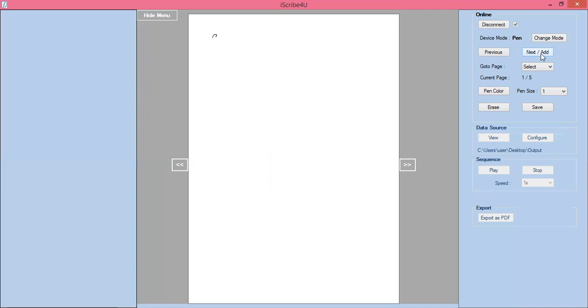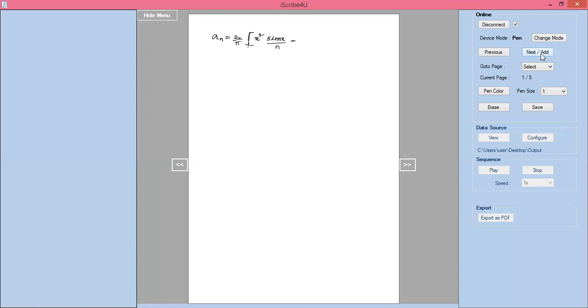an equals 2 by pi into the integration from 0 to pi. Now I will integrate directly. The first one is u, which is x square. The integration of cos nx is sin nx by n.